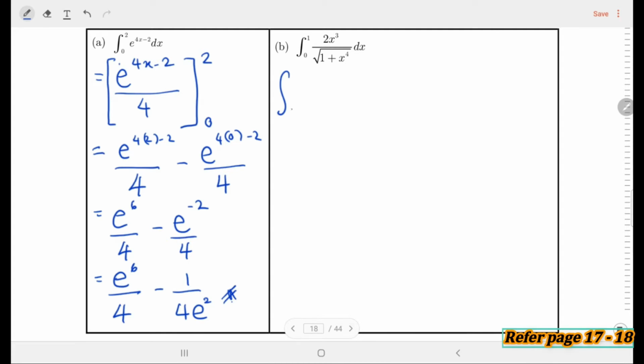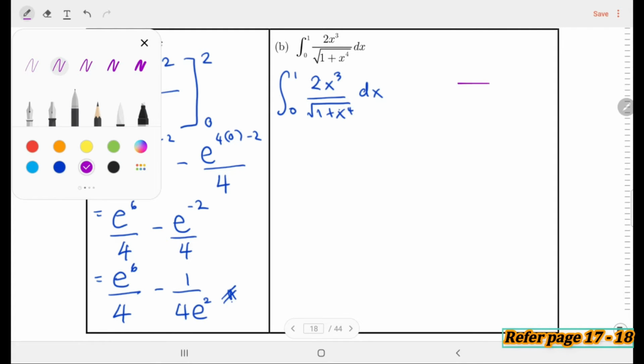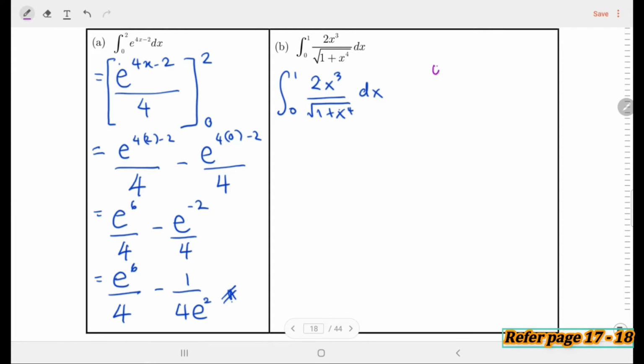So here is the integral from 0 to 1 of 2x to the power of 3 over the square root of 1 plus x to the power of 4 dx. Now I use the method of substitution. I'll choose u equals 1 plus x to the power of 4.